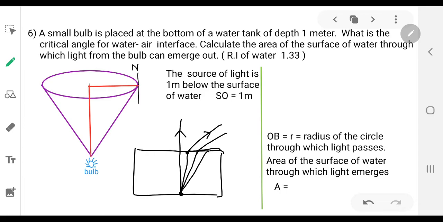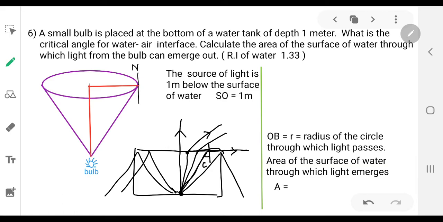If the ray from the bulb is incident on the water-air interface at an angle of C, then it grazes along the surface of the water. The next ray, incident at an angle greater than C, reflects back into the water itself. So the light is not coming out of the tank.